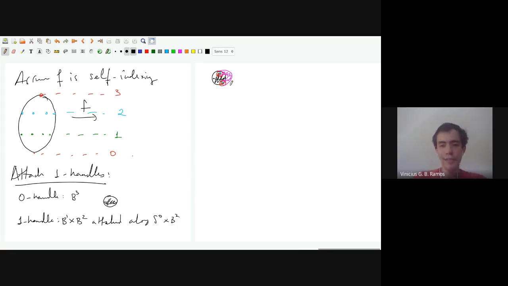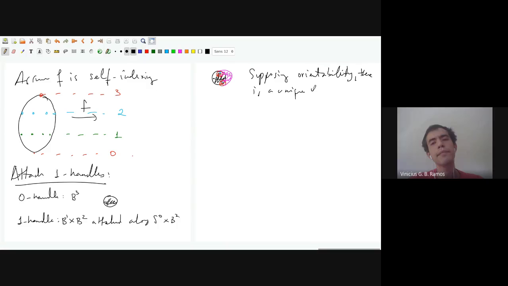Once I choose my S0, there's a unique way to glue a one handle.